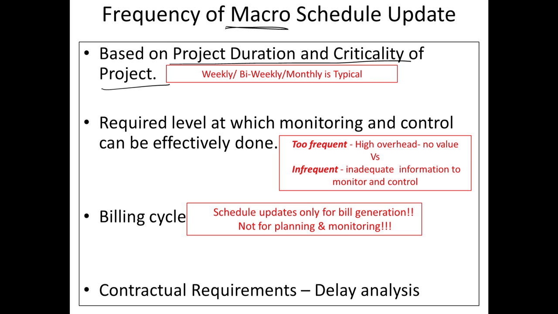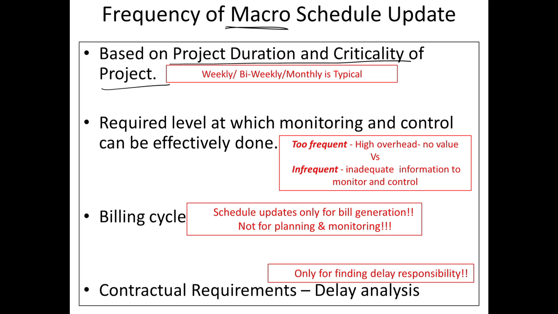And the last point, a lot of times the schedule update is only done based on contractual requirements. The contract says a certain time and they do it only based on the contractual requirements, but that might not be what the plan requires. The plan might need more frequent updates, but because of a contractual need, it is done as specified by the contract. Or even more importantly, sometimes the schedule is only maintained for delay analysis. If something goes wrong with the project, then delay analysis is a post-mortem of the project.